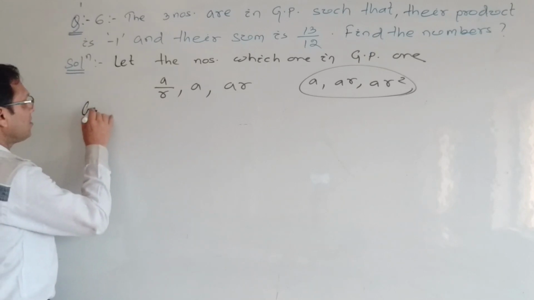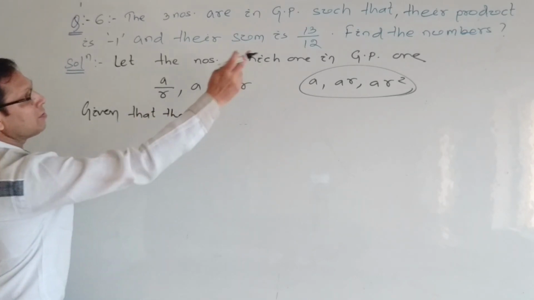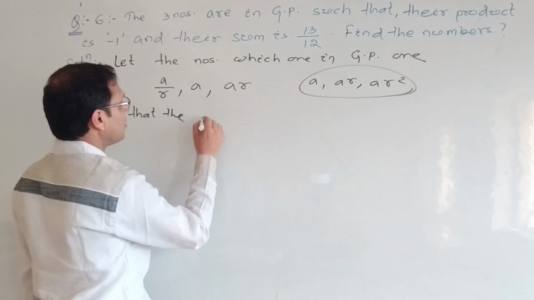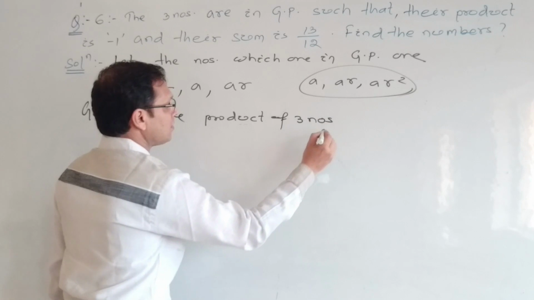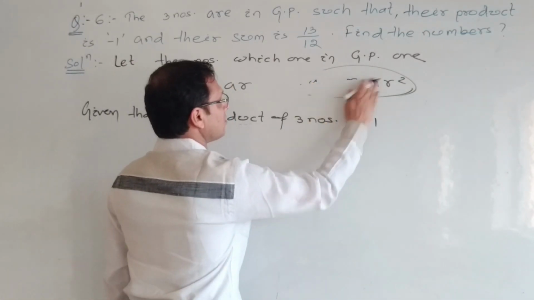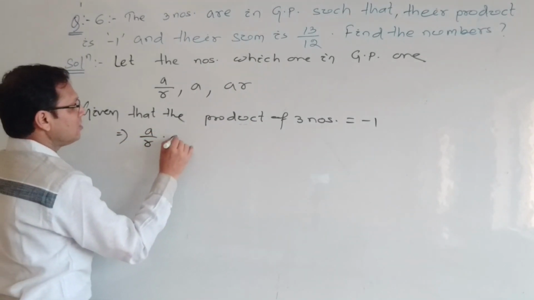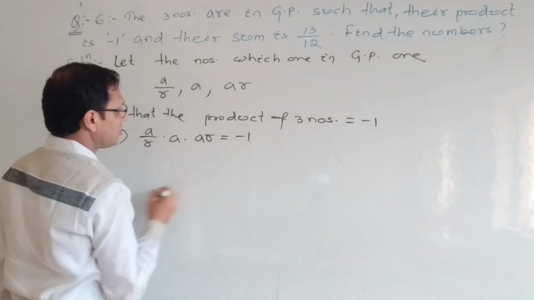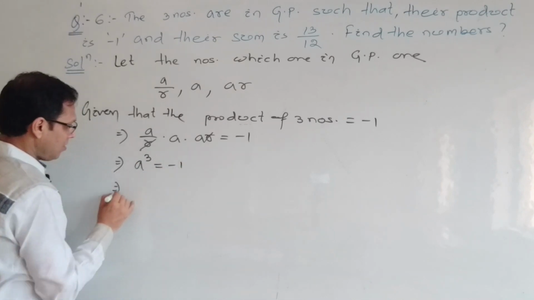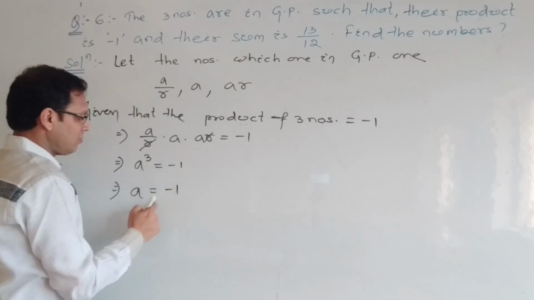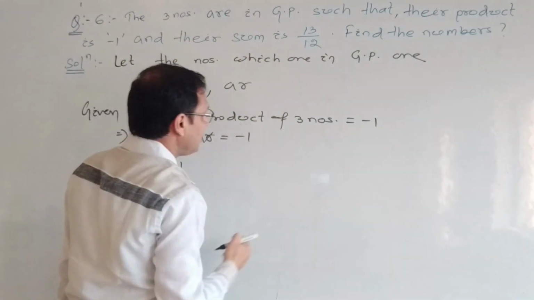According to the given condition, given that the product of three numbers is equal to minus 1, that is nothing but A by R into A into AR is equal to minus 1, or R, R should be cancelled. A cube is equal to minus 1, or A is equal to cube root of minus 1, that is minus 1.